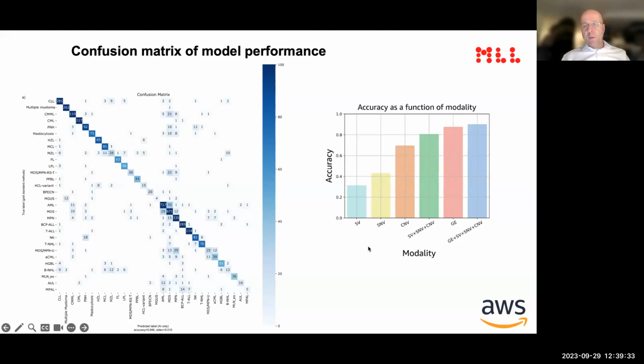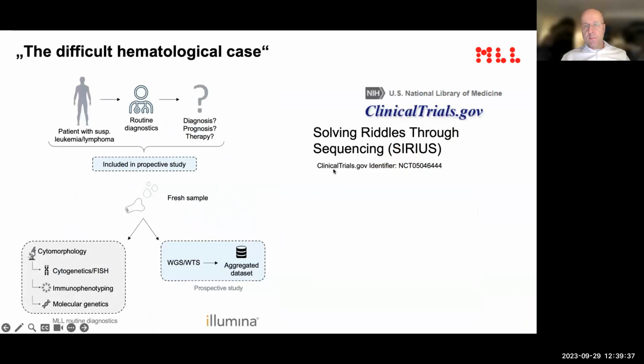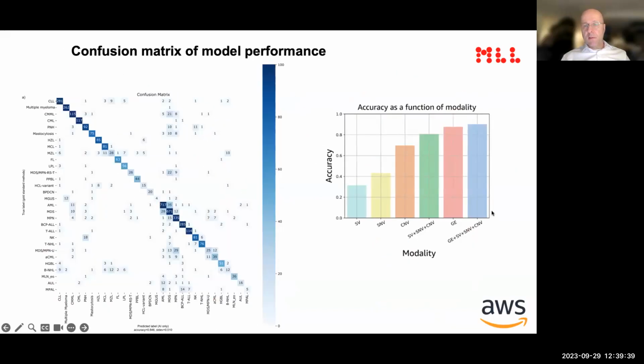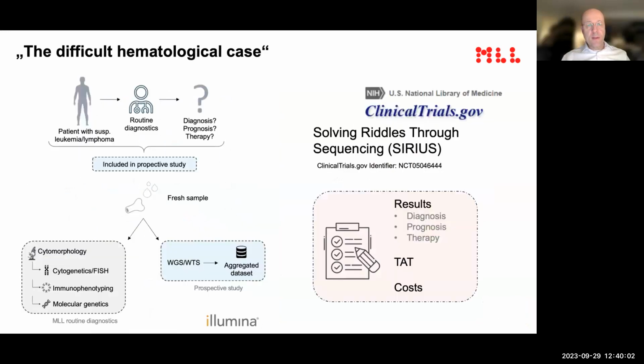And if we look here to the degree of accuracy, it's largest if we combine the different methods, so copy number variations, and also gene expression and structural variants. And this for sure will have a room in routine diagnostics in the near future.